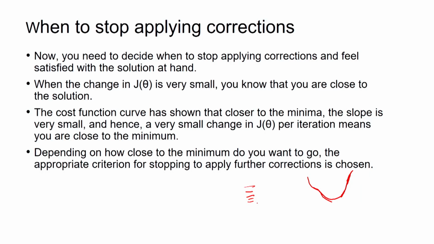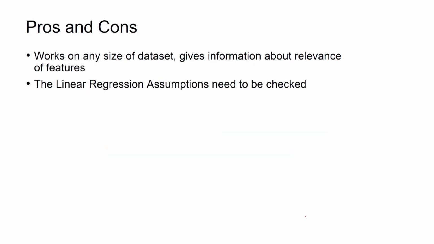So if in the next iteration we get a cost function value very close to the previous one, we can assume that we have reached the minima and we can stop there.